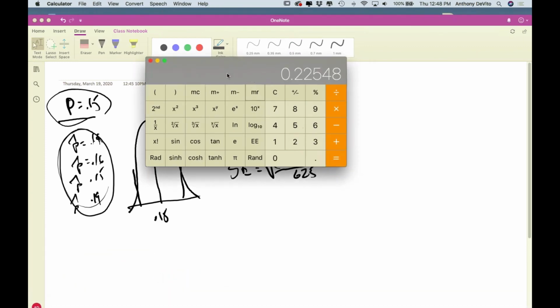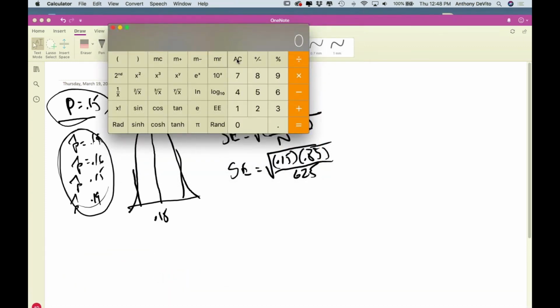Okay, I'm going to clear this. And I'm going to say 0.15 times 0.85 divided by 625.